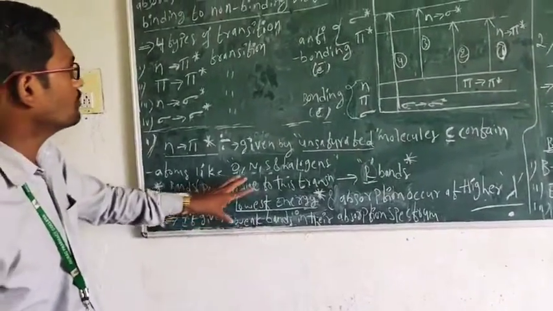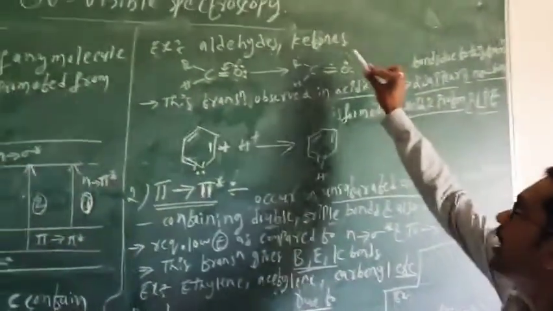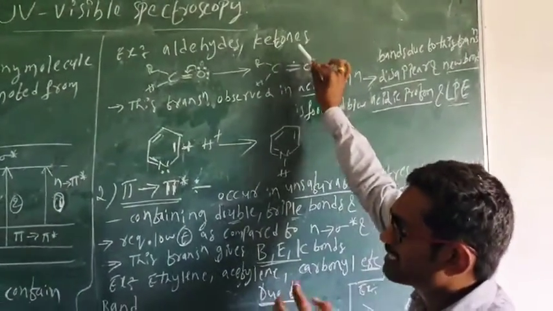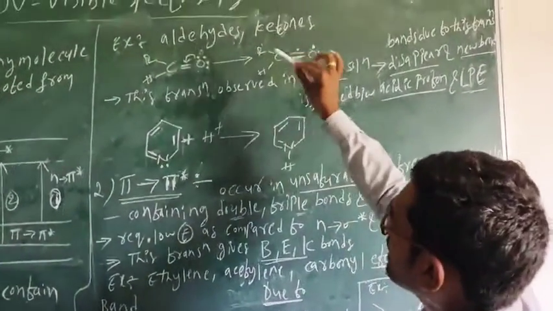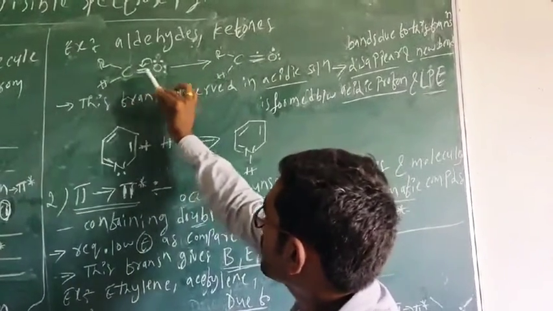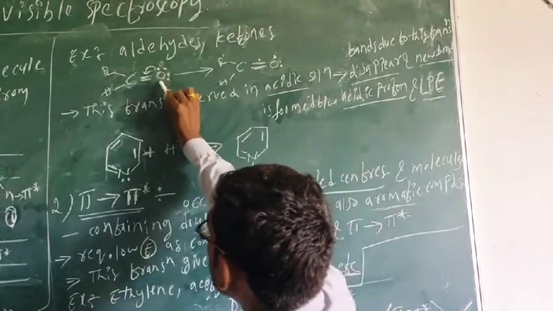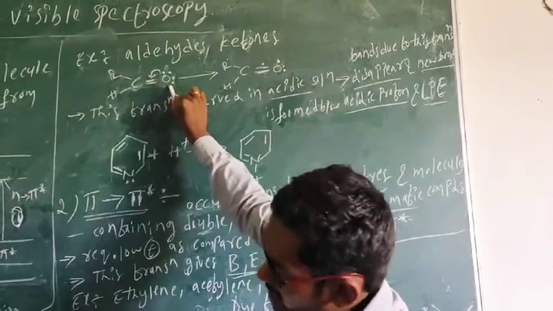Now I will give you an example for n to pi star transition. Aldehydes and ketones are well-known examples. This is the aldehyde or ketone function, C=O, and H is also there. You can see here oxygen consists of one pair of electrons, and this is another pair. Total 2 pairs of electrons are there.